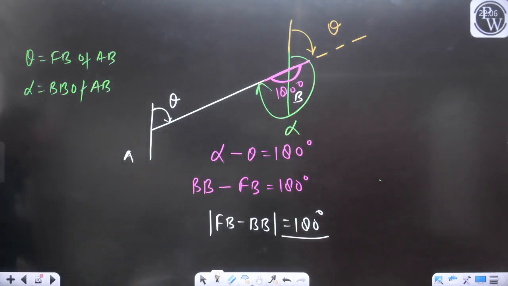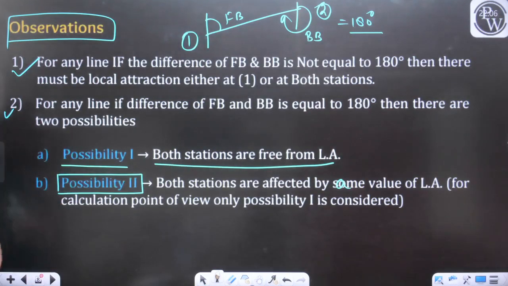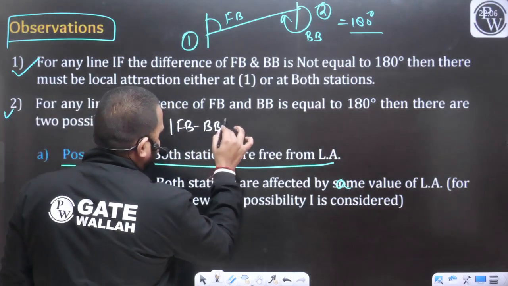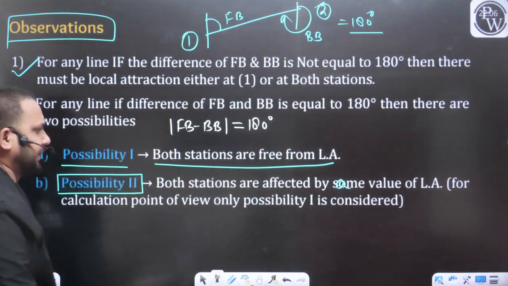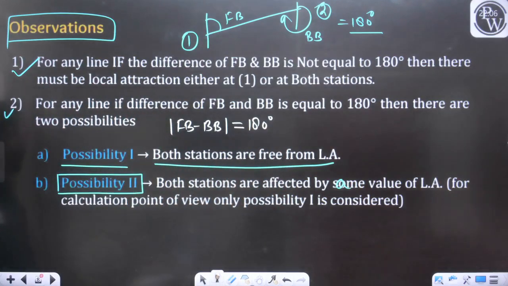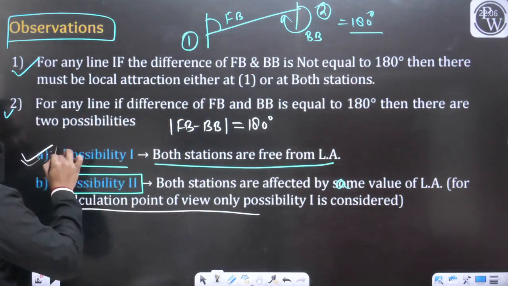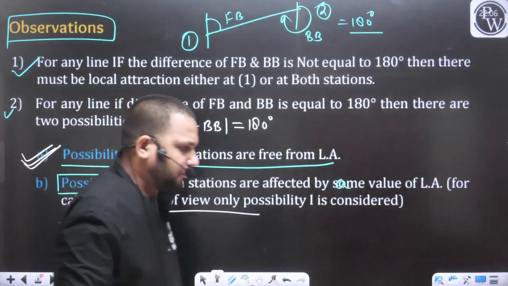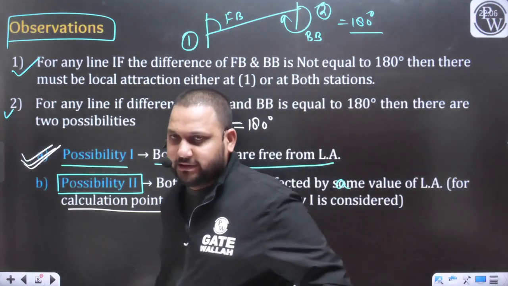So we were discussing an important observation. If we get the difference of the fore bearing and back bearing as 180 degrees, it can have two possibilities, but from the calculation point of view, for solving numericals, we will always consider the first possibility.